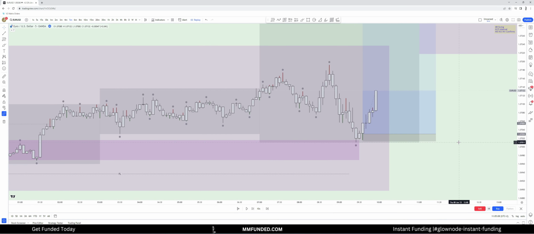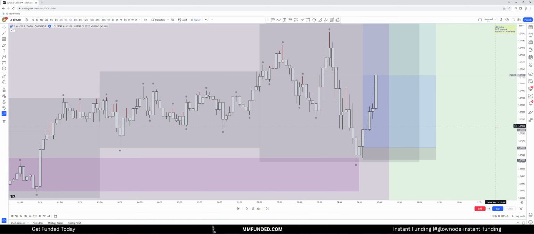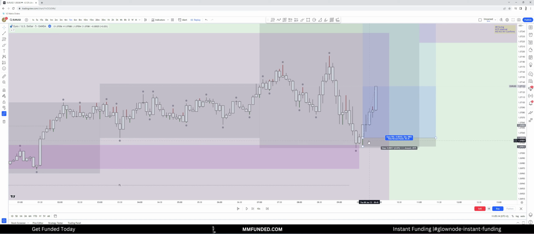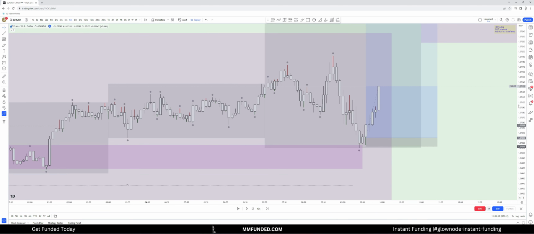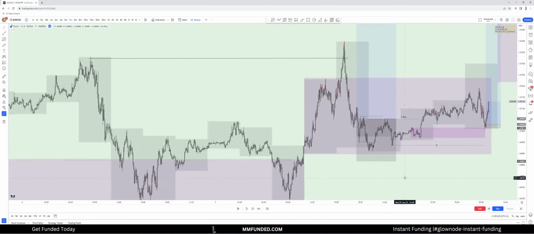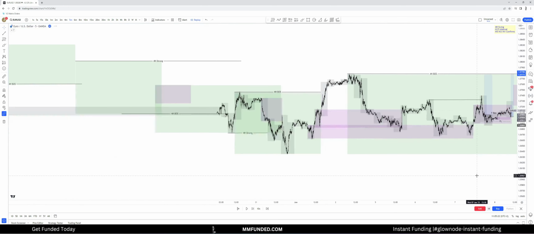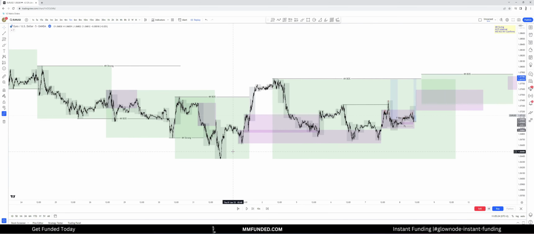So triple M is my favorite SMC entry confirm tool, which indicates that a supply or demand zone is going to hold with a triple break of structure to the upside on the 1 or the 5 second time frame. So this would have been a 100% valid trade.